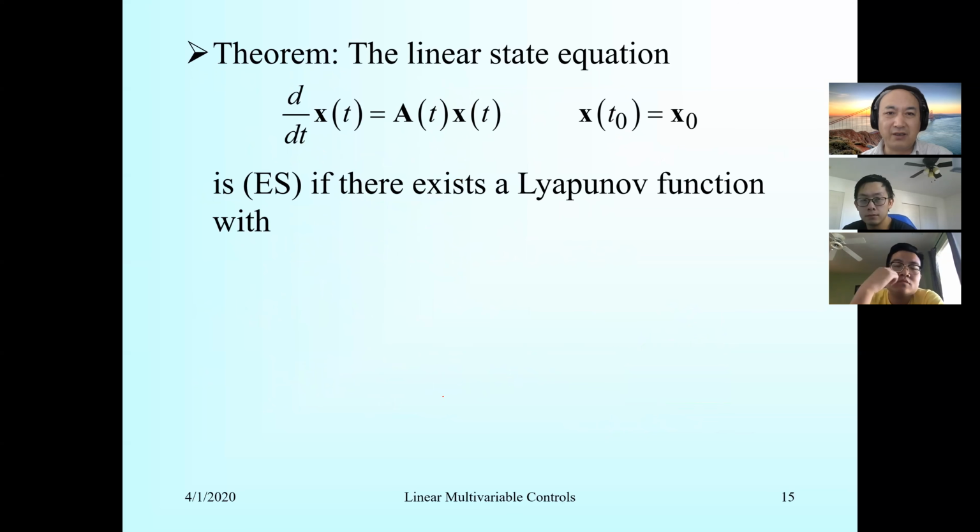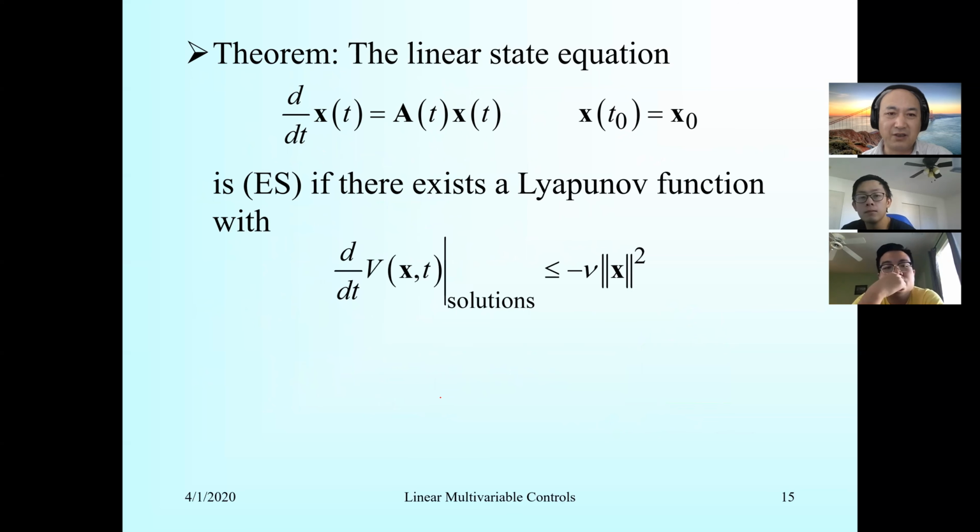So we can summarize in exponential stability. Last time we said if this is less than or equal to 0, meaning it's always decreasing. Now we specify something like that: it's upper bounded by minus mu times x squared. This specifies the decaying speed.